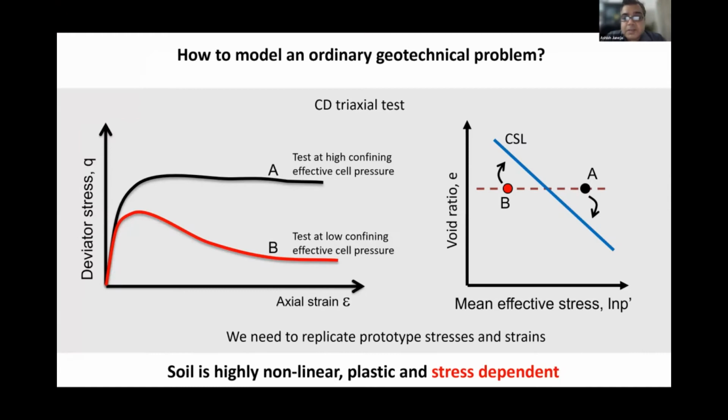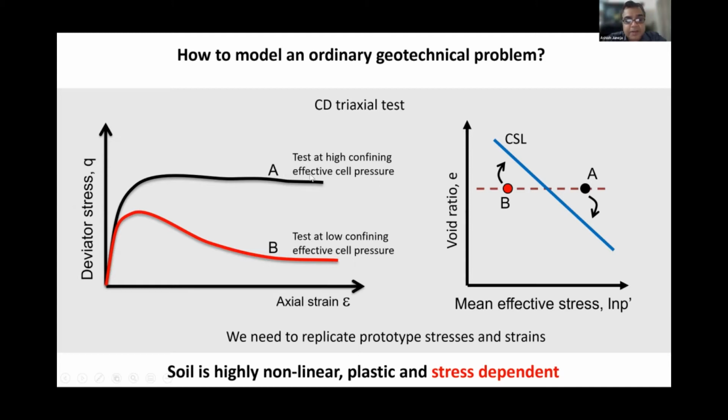Okay, so to give you a brief background, what we really mean when the soils are subjected to loads and what happens. If you look at an ordinary triaxial test, the figure on the left hand side shows the same soil with the same void ratio, but one is subjected to a higher confining stress and the other to a lower confining stress. Lower confining stress, common sense tells us, will show a hump and a drop.